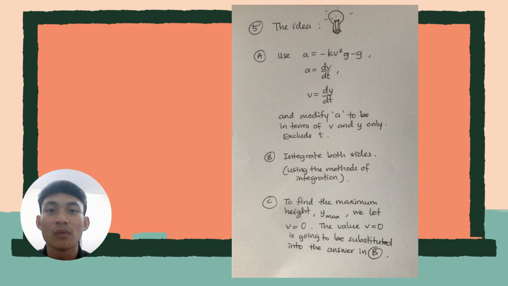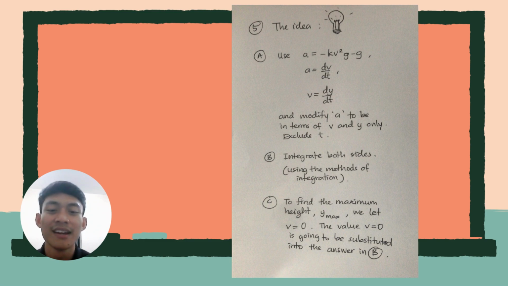The second step is that we are going to integrate both sides of the equation that we got from step one. The last step is that we are going to find the maximum height. We let y maximum be the highest height.